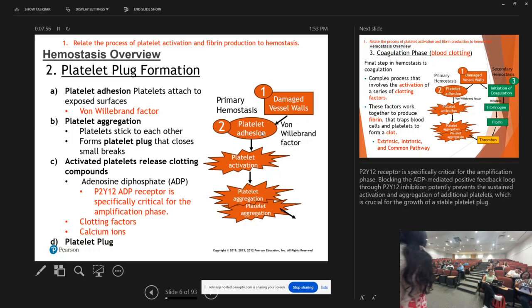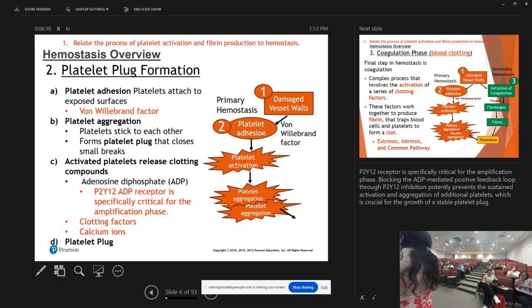And also the activation at the same time will happen because of some other factors releasing. So there is adenosine diphosphate, ADP, for which there is a receptor, which is critical for their amplification. That means the signal needs to be amplified. A few adhering bring more aggregates, and it also needs to amplify so that many are recruited and brought to the site.